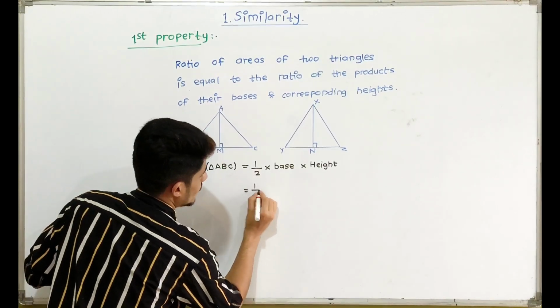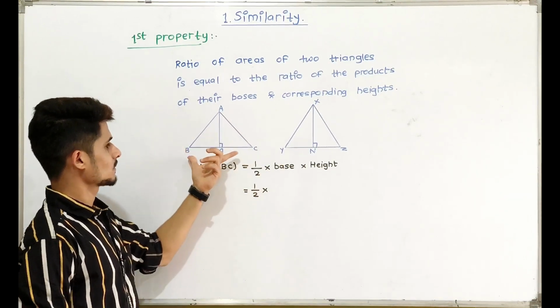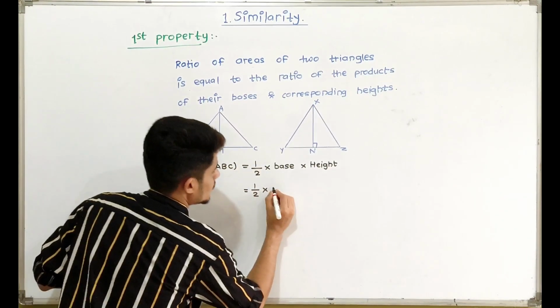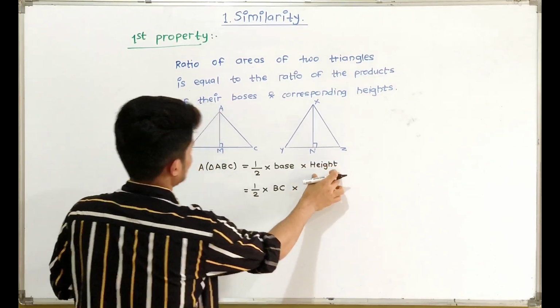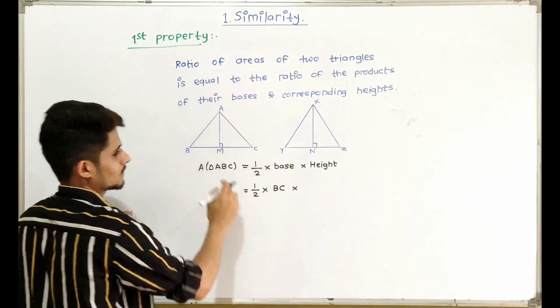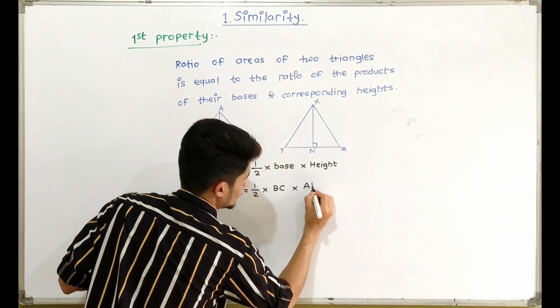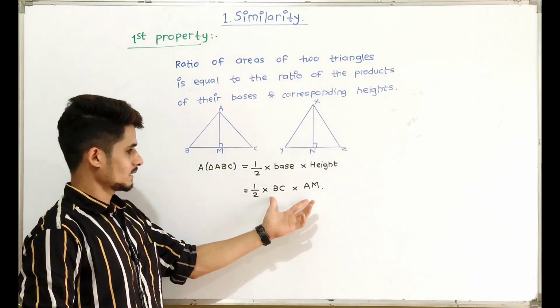So half into base of triangle ABC is BC, so we'll substitute BC here, and height of triangle ABC is AM. AM is the height. So this is area of triangle ABC.